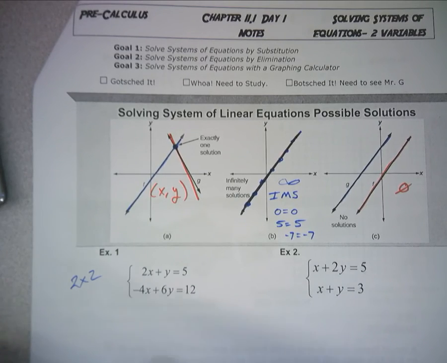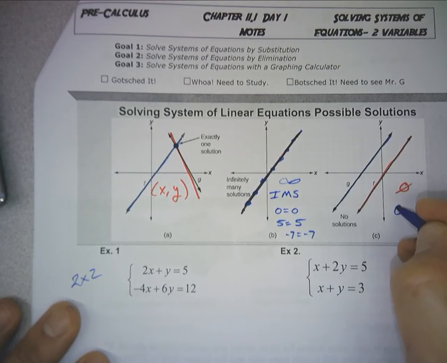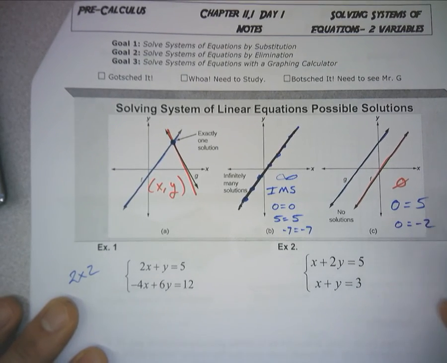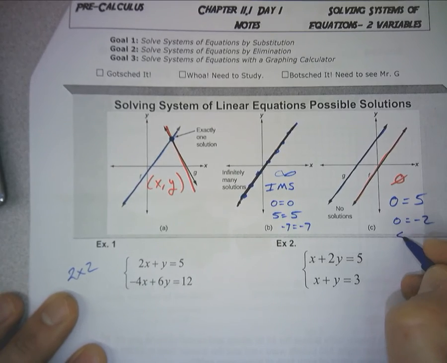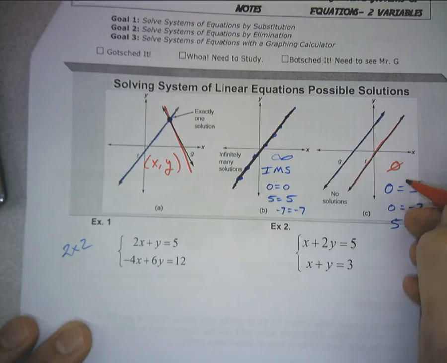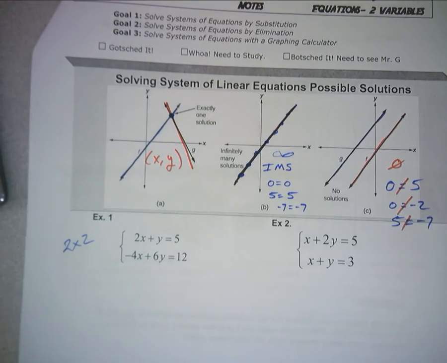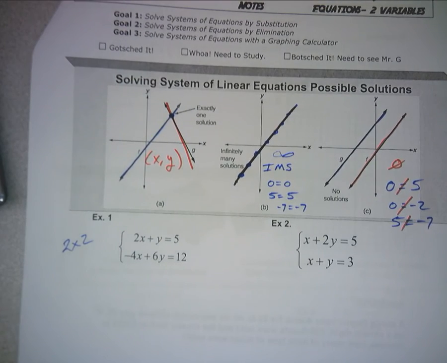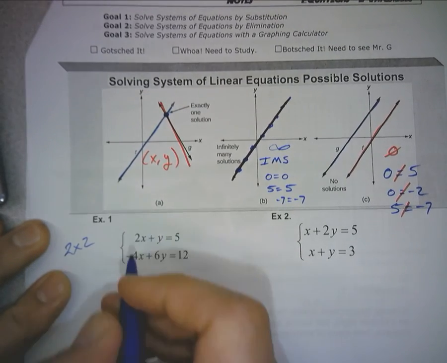If you're going through algebraically and all your variables cancel and you get 0 equals 5 or 0 equals -2, or if you're doing substitution, you get 5 equals -7 or something weird where those don't make any sense, all your variables have canceled out and you have something that is silly, that's a false statement, then we know it's a no solution. There's nothing that's going to work that's going to solve it, and that's because you got parallel lines. Okay, so we're going to go through for chapter 11.1, we're going to go through substitution first.